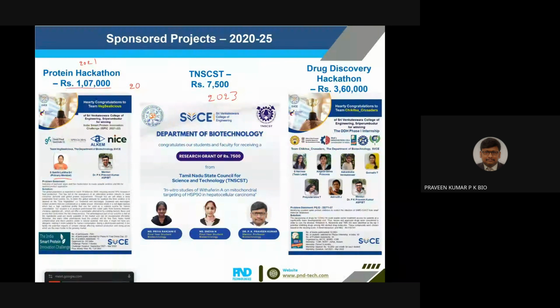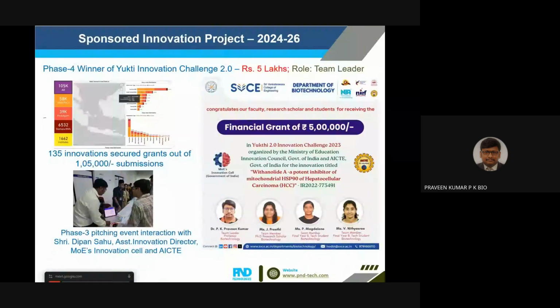So we identified a solution with plant-based molecules to treat SARS-CoV-2 infection. This is the simple problem statement we chose, and these students secured this grant.